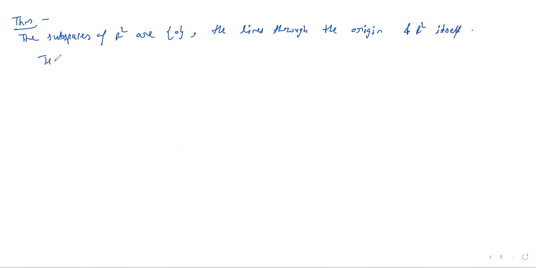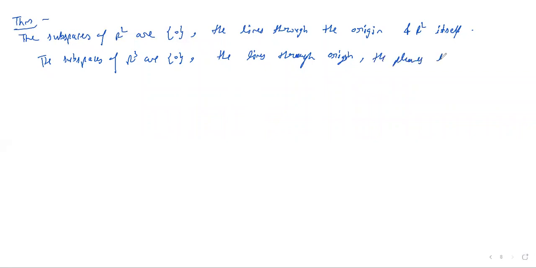Similarly, the subspaces of R cube are zero, the lines through the origin, the planes through the origin, and R cube itself.